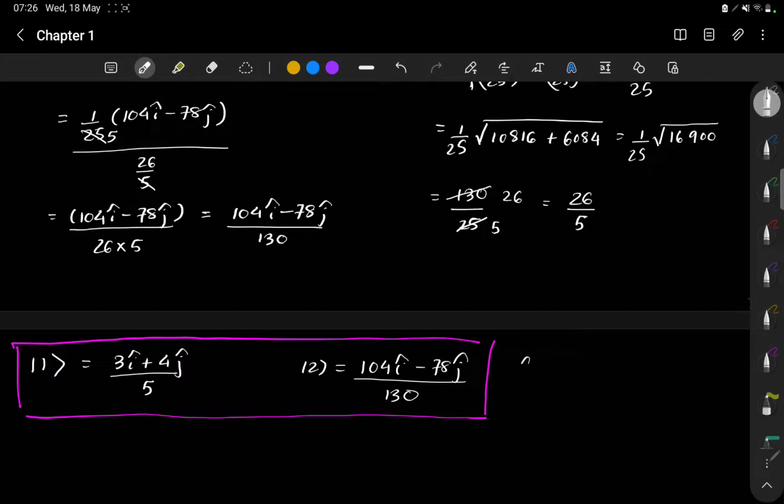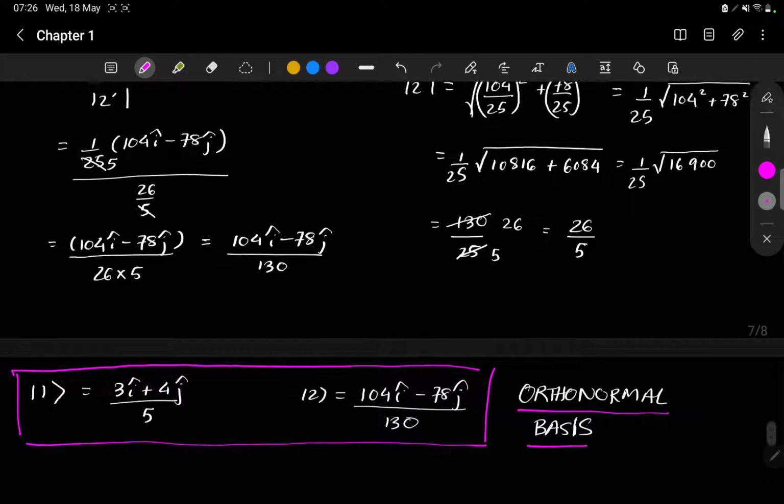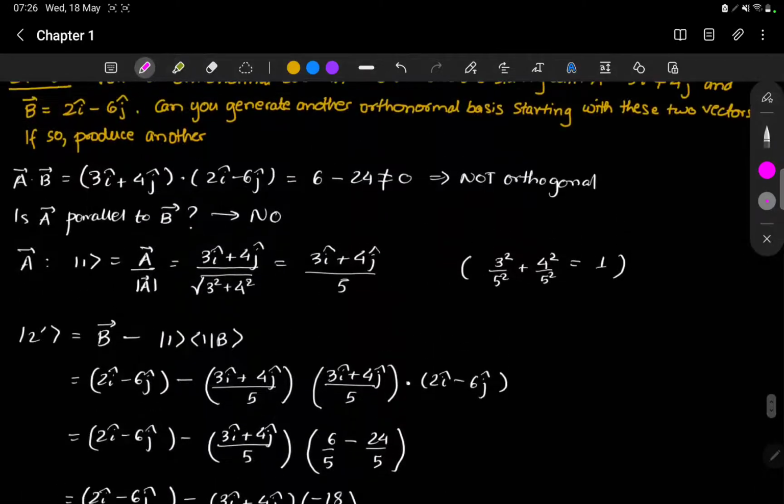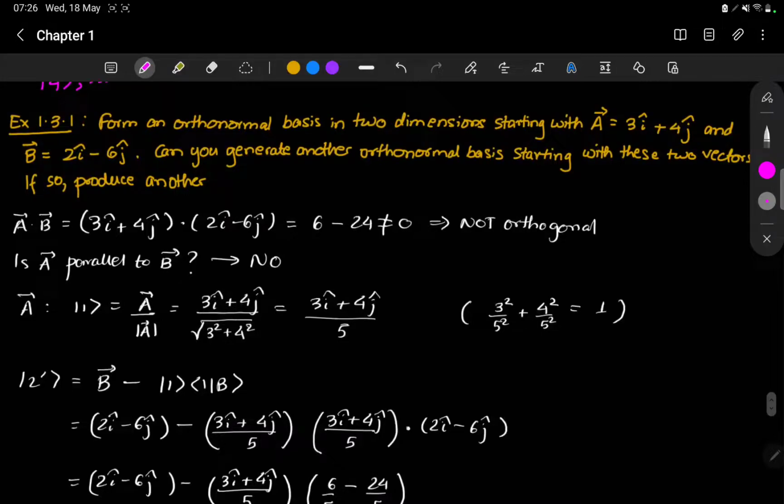This is the orthonormal basis that we have obtained, starting with the vectors a and b. These vectors a and b were clearly not orthonormal.